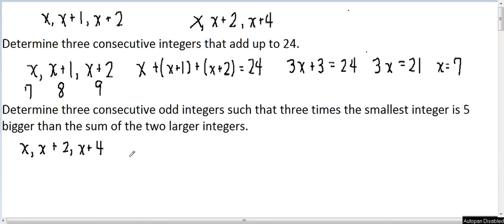We'll use these expressions to represent our integers. Now, let's write the equation using information that's given to us. First, we have 3 times the smallest integer. The smallest integer is x, so when we multiply that by 3, we get 3x.